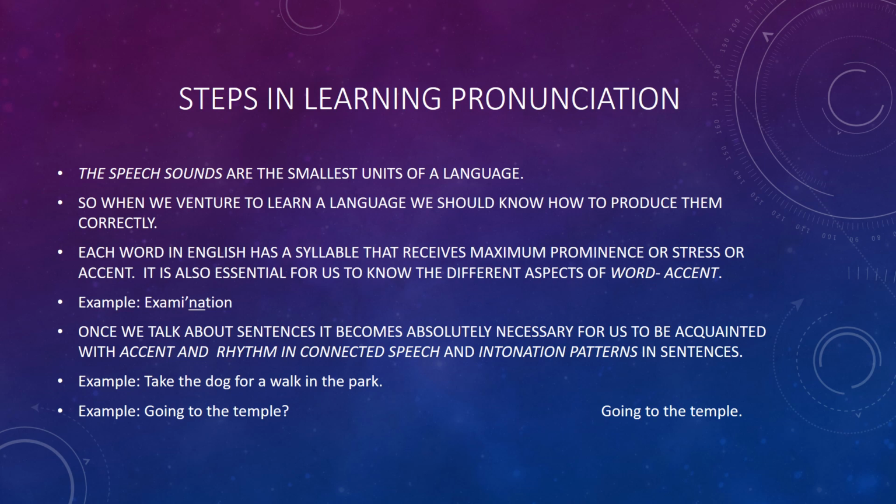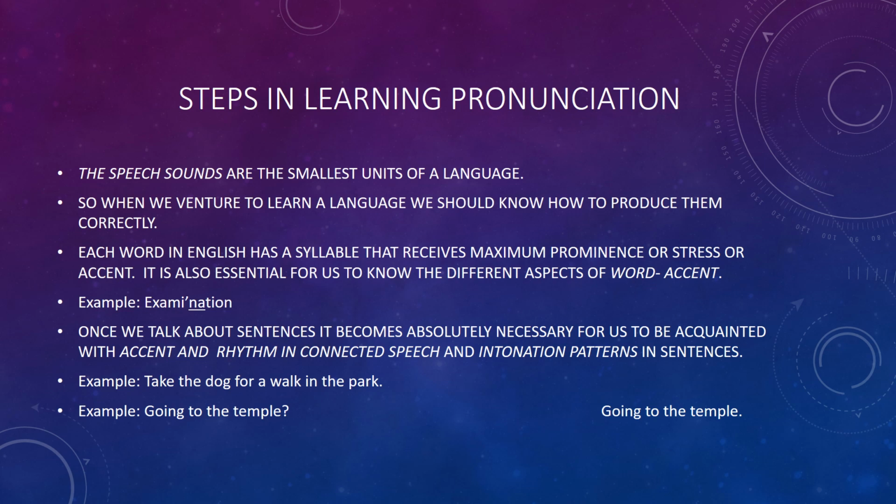Let's take a look at some other examples as well. Pronounce, pronunciation, language. Can you say what are the syllables that are receiving the accent in these words? In the word pronounce, the second syllable is receiving the accent, pronounce.